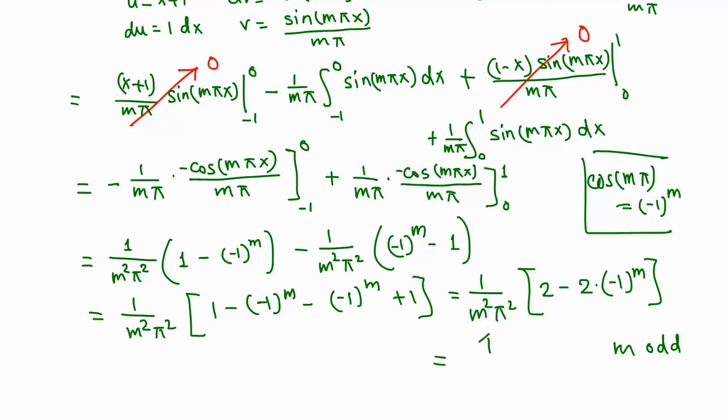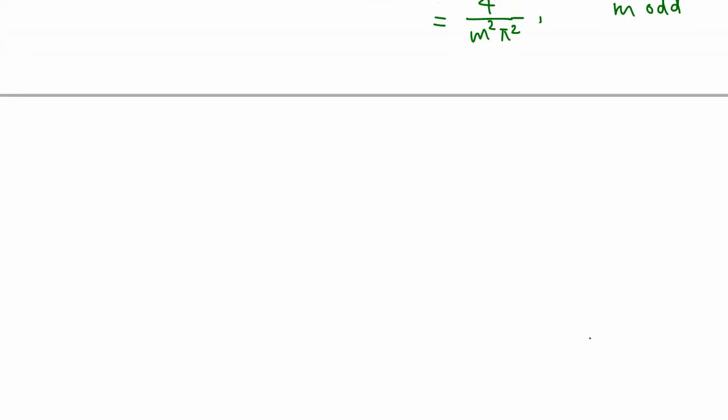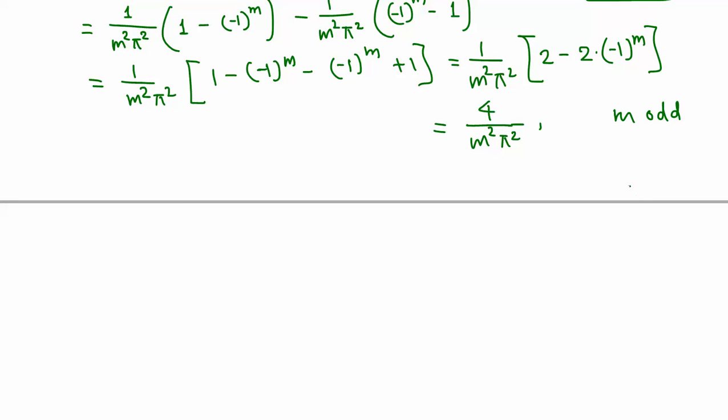So this will be 4 over m square pi square. That's when m is odd. Now we can do better than that. When m is odd, we can write 2m minus 1. So this is the same as 4 over (2m minus 1) squared pi squared. Now we can say m is 1, 2, 3, 4, etc.